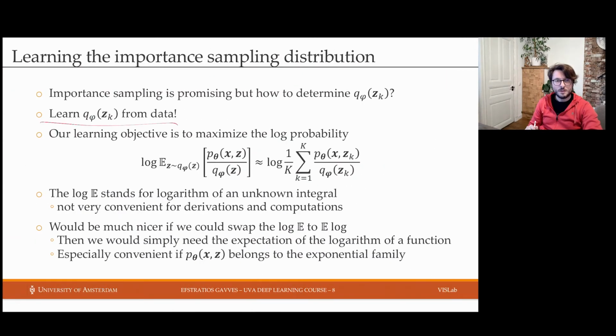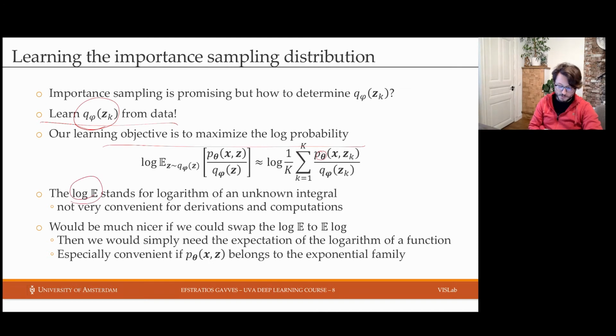What we can do is learn it from data. So as with everything else, we can learn also our sampling distribution Q phi from our data. Then our learning objective is again to maximize the log probability, and this can be done by optimizing both parameters theta and phi.